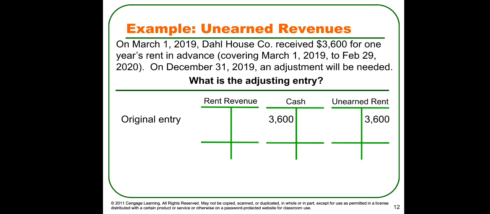If the payment was made on the 1st of March 2019, when the business closed its account on 31st of December 2019, how many months have passed? March, April, May, June, July, August, September, October, November, December.